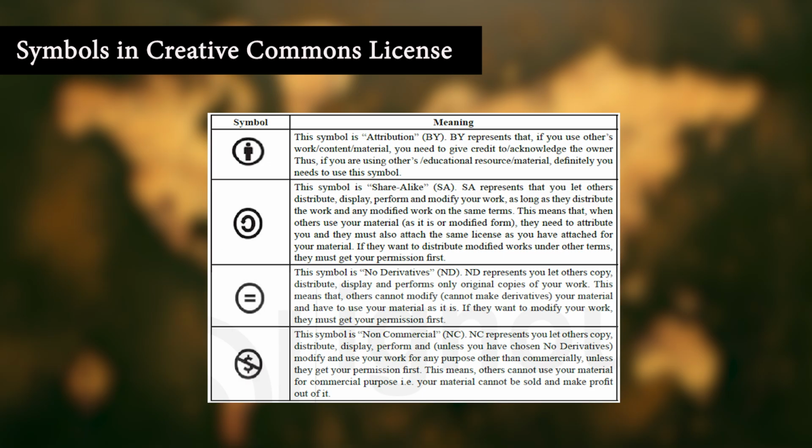You can see in the open license written BY in capital letters. So if you see that, you can understand that this is attribution, which represents that if you use others' work, content, material, you need to give credit to or acknowledge the owner. So if you are seeing any open education resources with the BY symbol, then you have to definitely give credit to that creator.